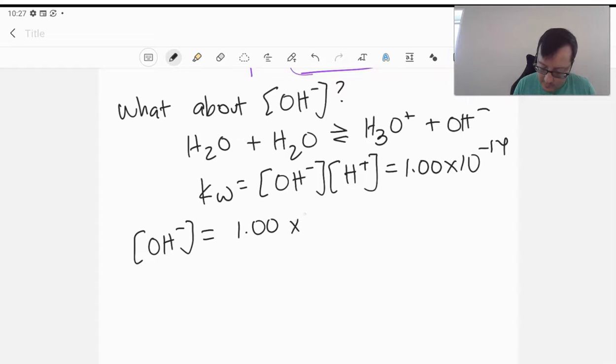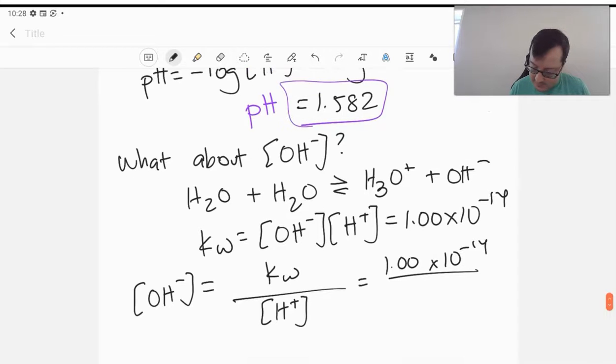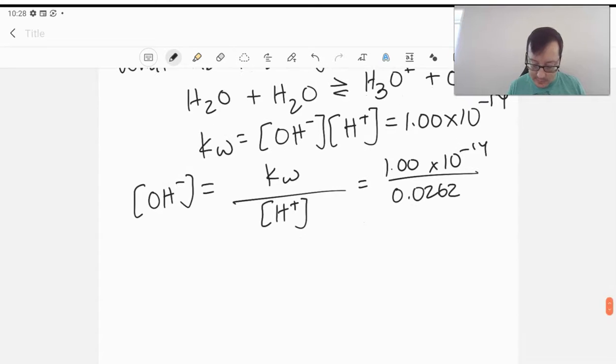is Kw over H plus, or in this case, I'm going to actually put Kw here just so we remember. So 1 times 10 to the negative 14 over, what was it, 0.0262? Again, we don't need to really worry about units here. The units should be molar, always, thankfully for us.